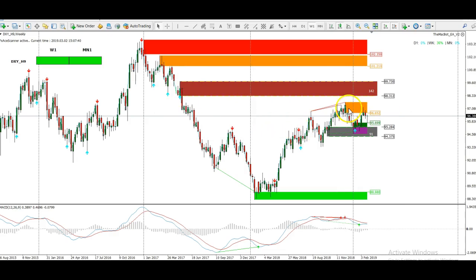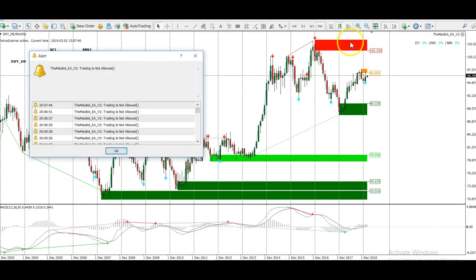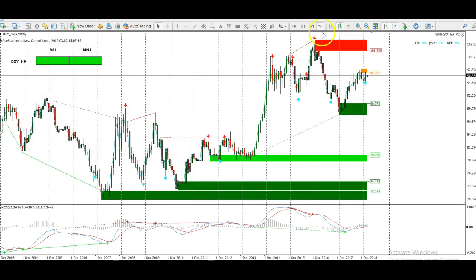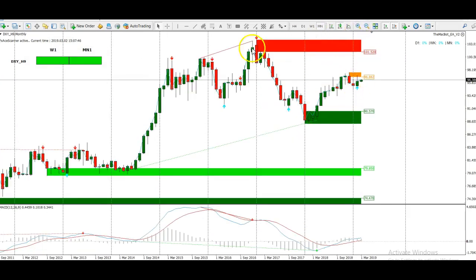Longer term, if you've got a weekly area here, then these weekly areas up here, and the monthly area, which is up around 101, it looks like it's looking to retrace. You can see this is the monthly area it's hit here. But it's still trending up to me because this low here wasn't taken out.